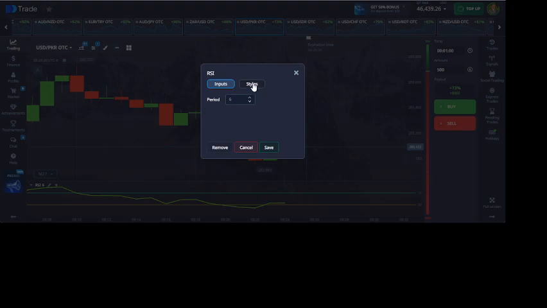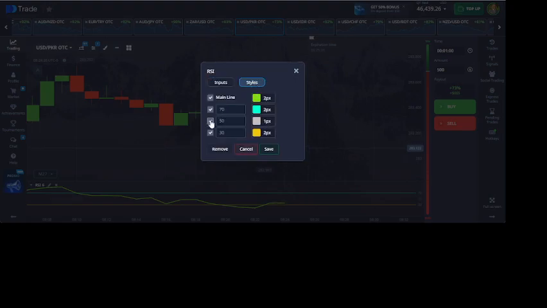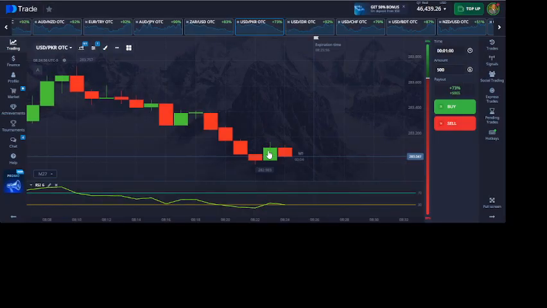Okay. And in the style settings, I've disabled the 50 line. I don't need it. It's enabled in the default. I've increased the line width to 2 pixels for the main line and also 2 pixels for the 70 and the 30 line. So we go ahead and save that.